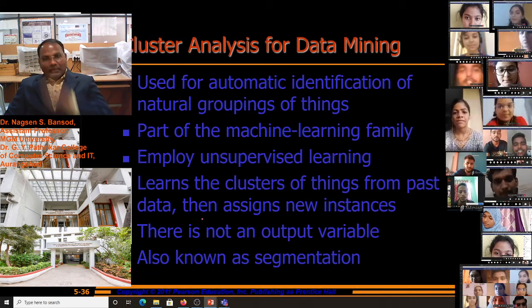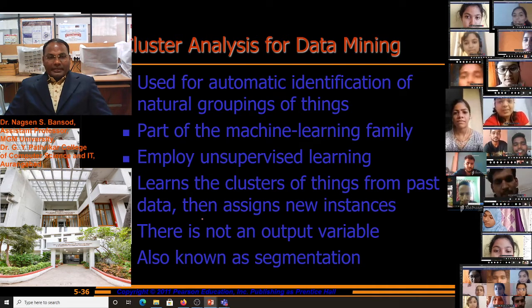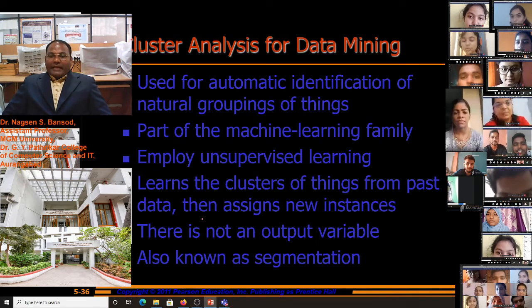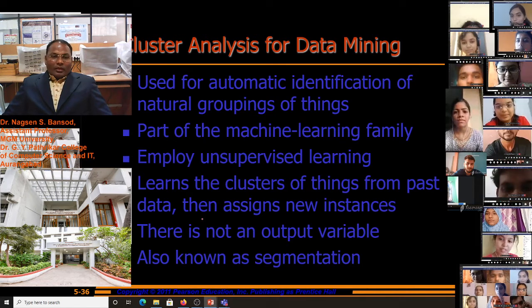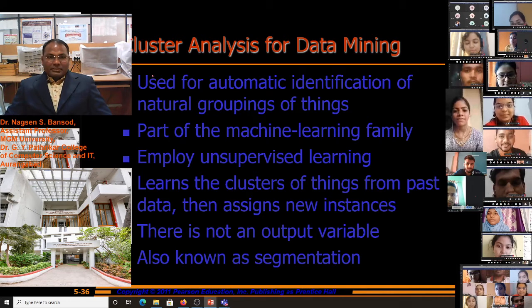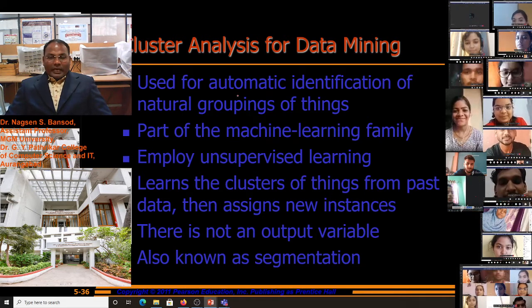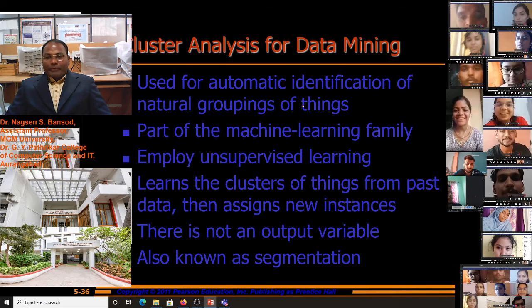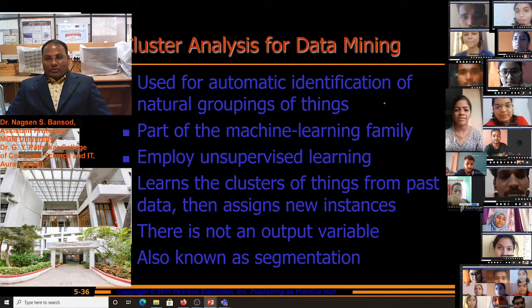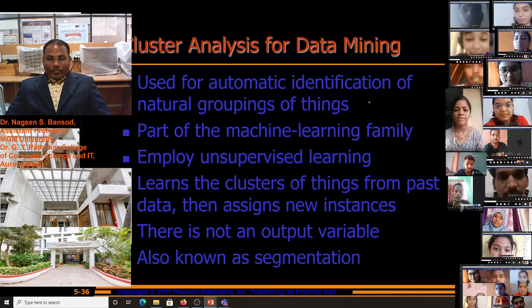There is cluster analysis for data mining, used for automatic identification of natural grouping of things. Cluster analysis identifies natural grouping of things. Suppose we want to find the temperature of Maharashtra.